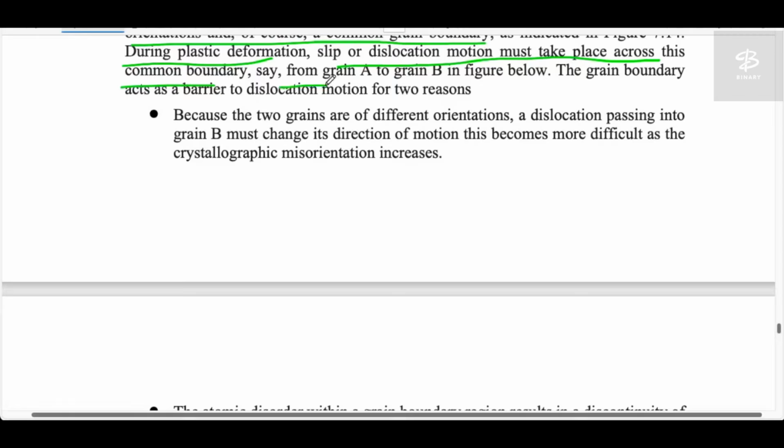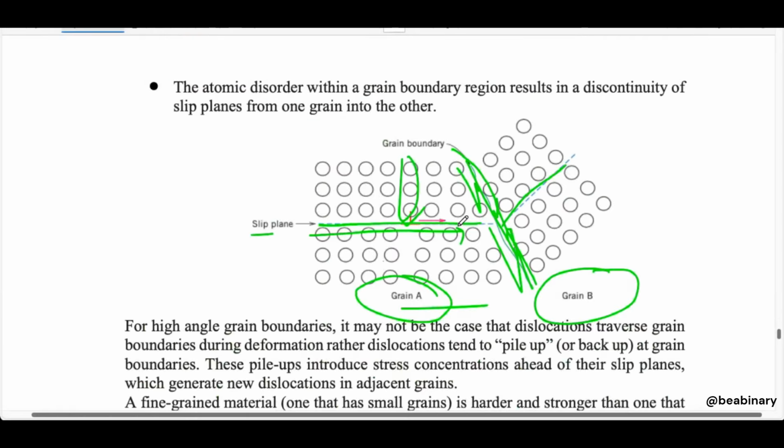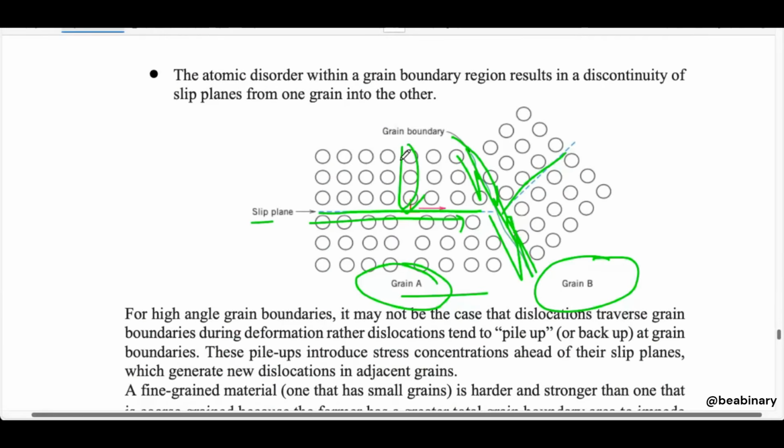Say from grain A to B, in the figure below, the grain boundary acts as a barrier to dislocation motion for two reasons. See here. The dislocation is coming from here, and at the end it reaches this boundary. This is your grain boundary.